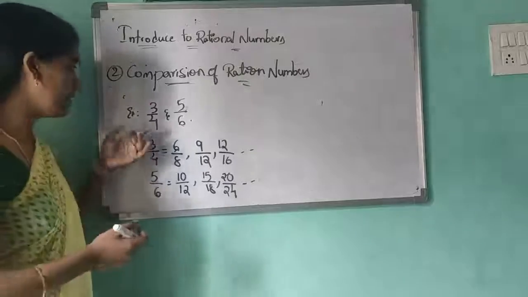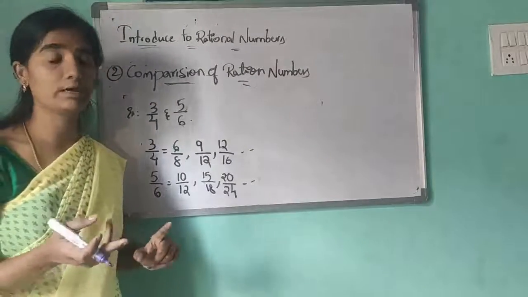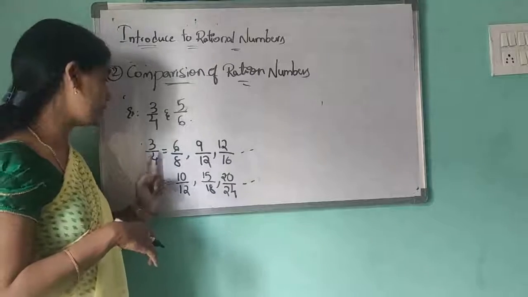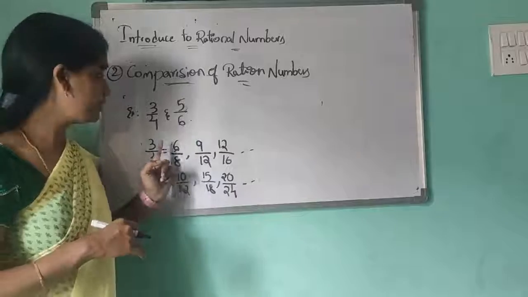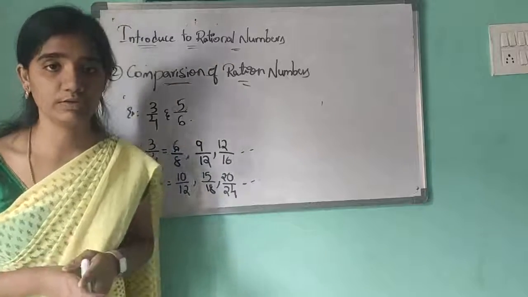When we multiply the numerator and denominator of a fraction by the same number, we get an equivalent fraction.